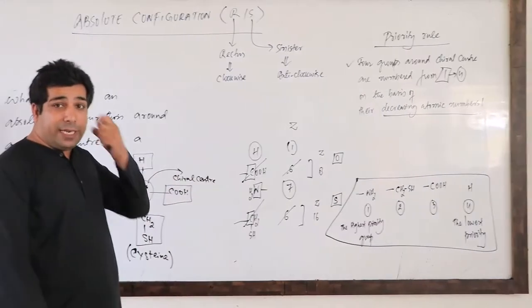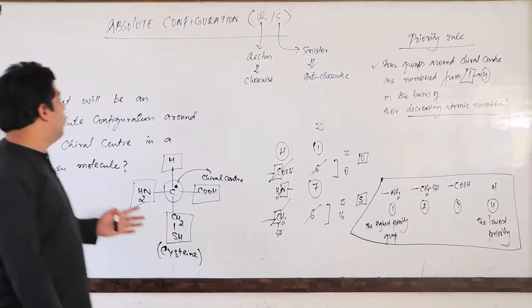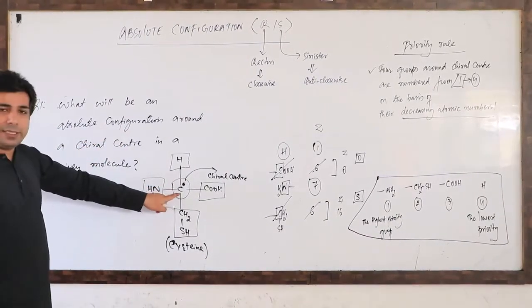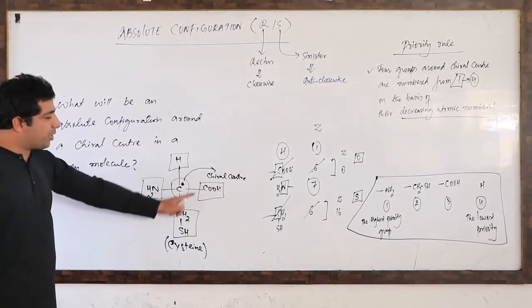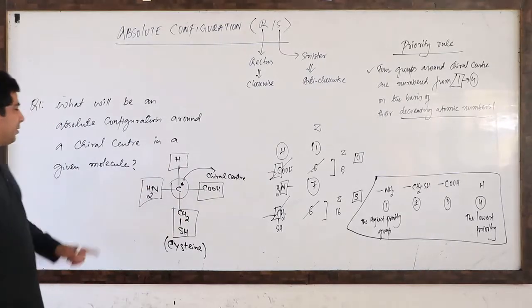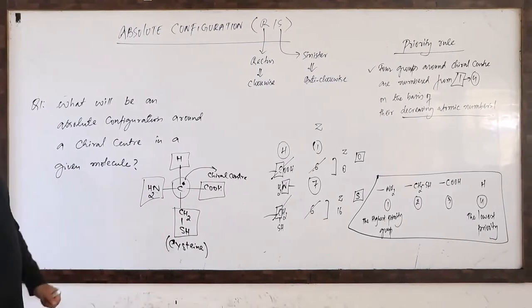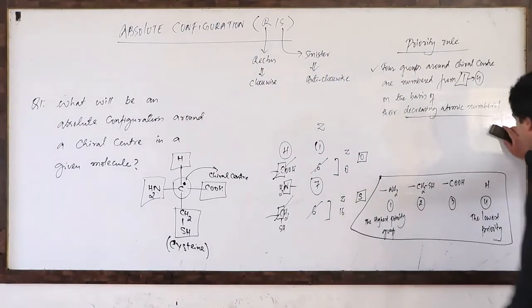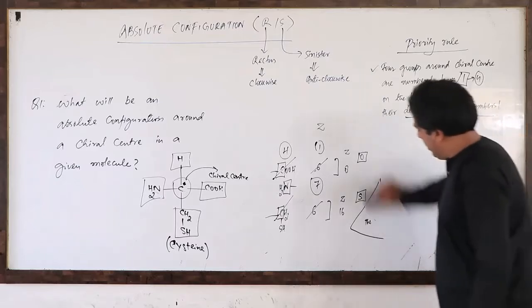After understanding it, let us understand what will be the absolute configuration around a chiral center. This chiral center. What is the absolute configuration around the chiral center in this molecule? We have to find out. Okay? I hope you are ready. So I will take it down.